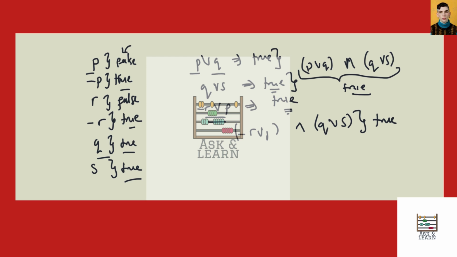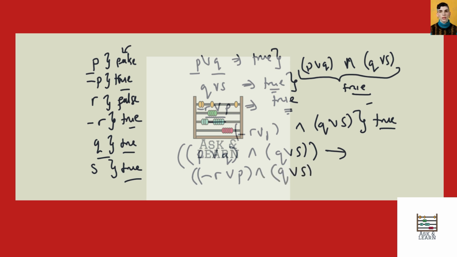So since we are dealing with these two truths, it means at the end of the day, P, Q, Q, S, negative R, P, Q, S is actually true.